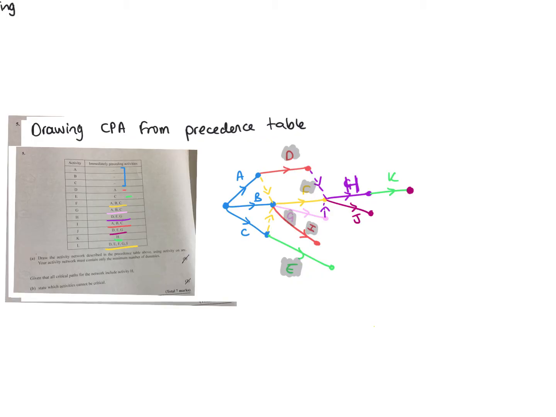So where are we going? L needs all of these. So how could we do this? If L depends on F and G as well, it could just come out of here then, couldn't it? Yeah, because D's also in here. So D, F, G is also from J. So that's already 3 of them going into here.